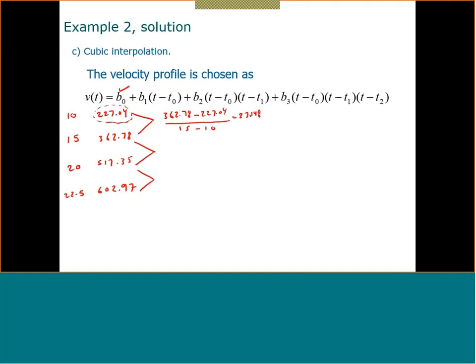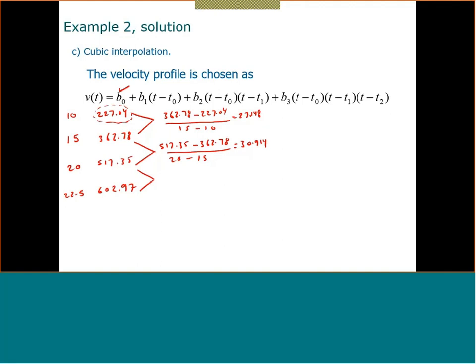Then I will do this one, which we did in the previous example: 517.35 minus 362.78 divided by 20 minus 15, which gives me 30.914.